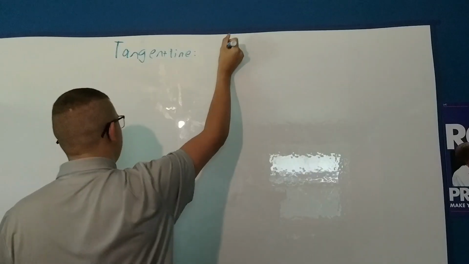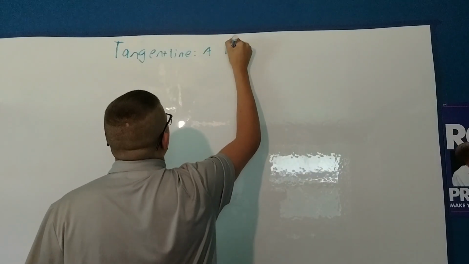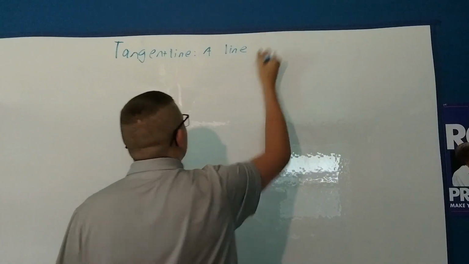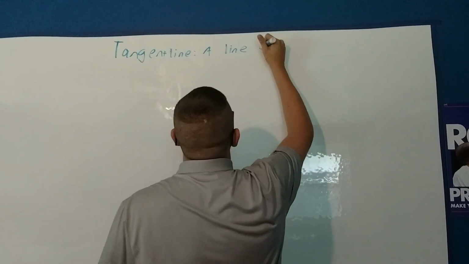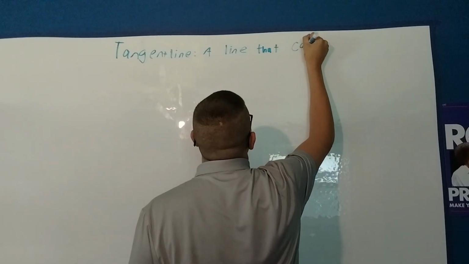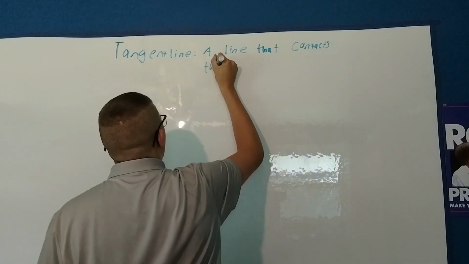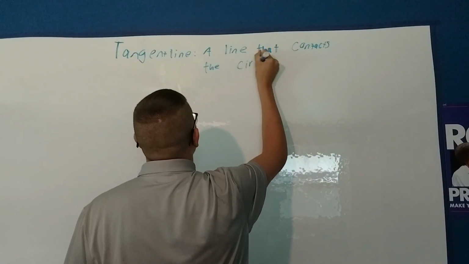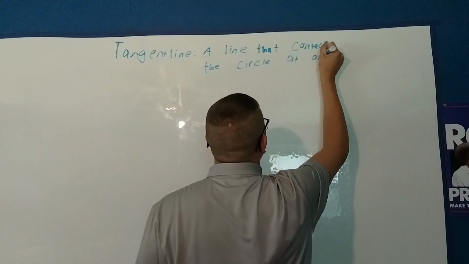A tangent line is a line or segment or ray, just some kind of line that contacts the circle at one point.